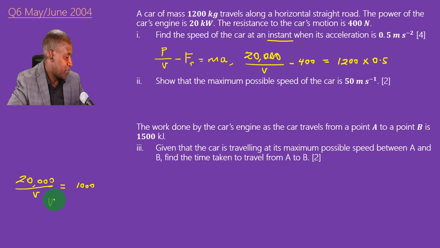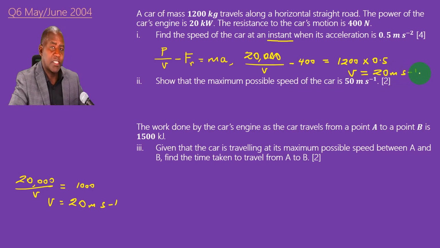And obviously the speed will be equal to 20,000 divided by 1000, and it will be 20 meters per second. So that is how we get the speed here. It's just as simple as that.